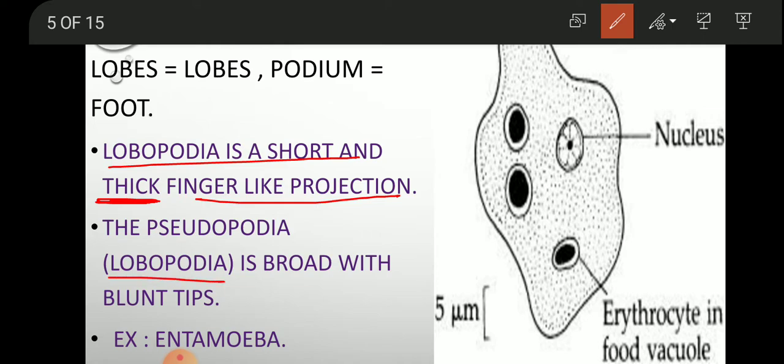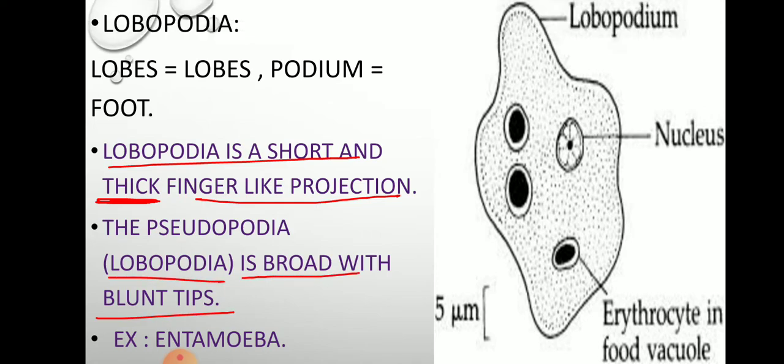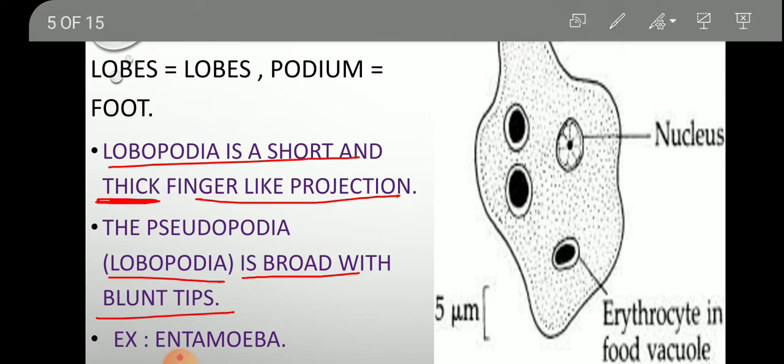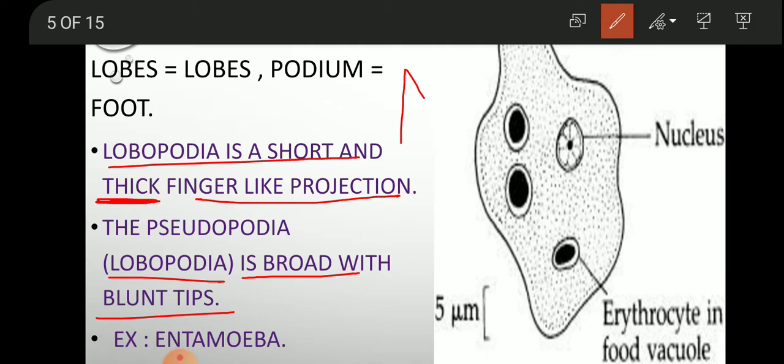The lobopodia is broad with blunt tips. Is it sharp here? No, it is not sharp, it is blunt. The opposite of sharp is blunt, is it not? So the best example for this is entamoeba.